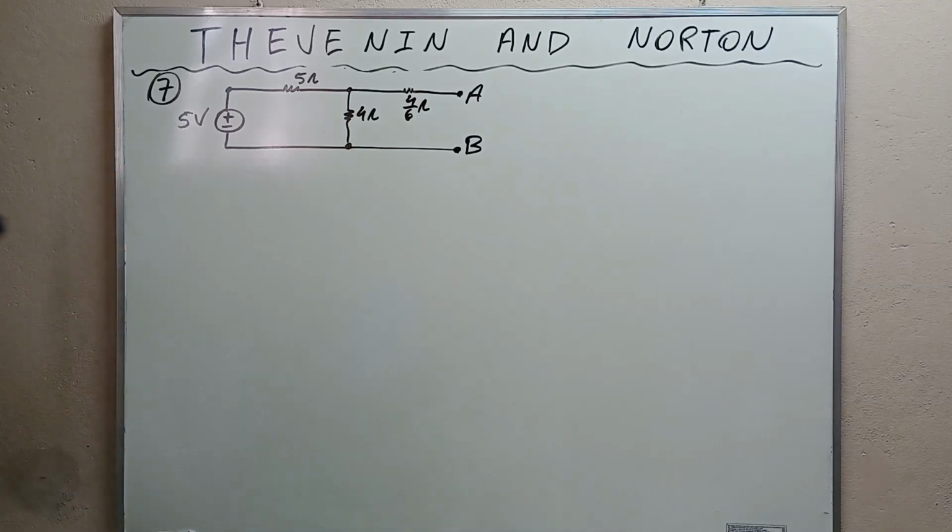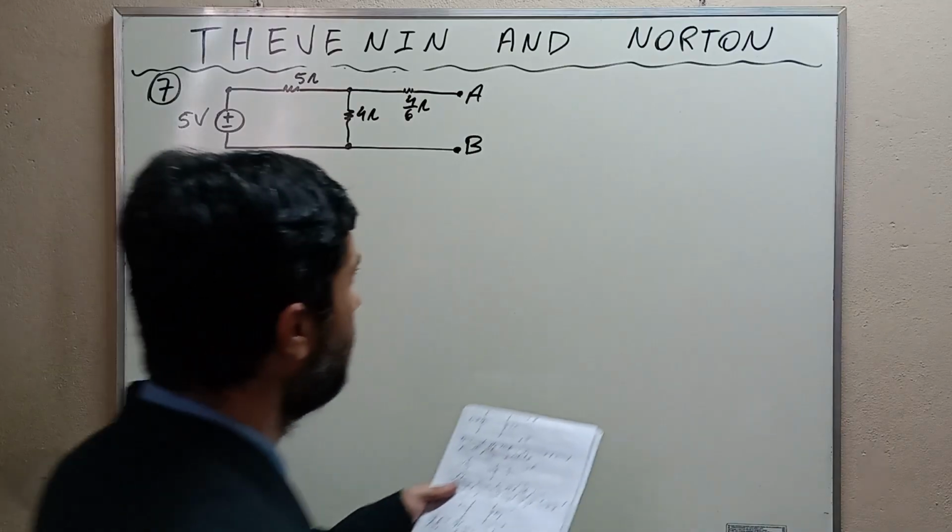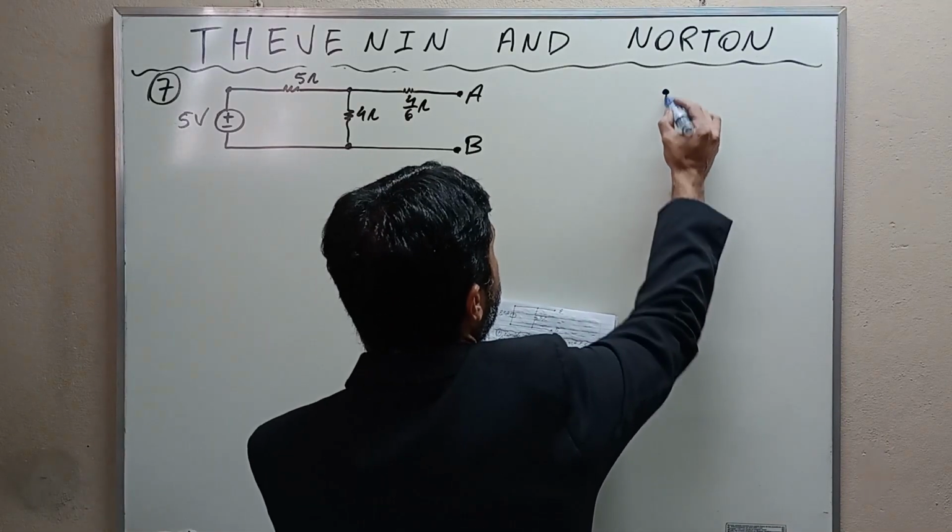Exercise number 7: provide the Norton's equivalent circuit for the following network. Alright, my friends, this is the exercise. Let's go to the solution. But firstly, remember that the Norton equivalent circuit is composed of a current source in parallel with the equivalent resistance. As we did before, we are going to utilize this.